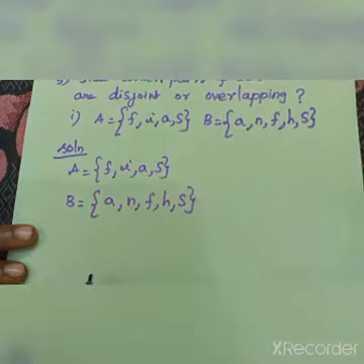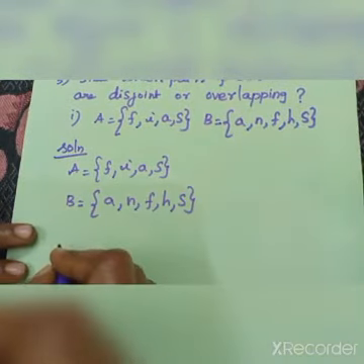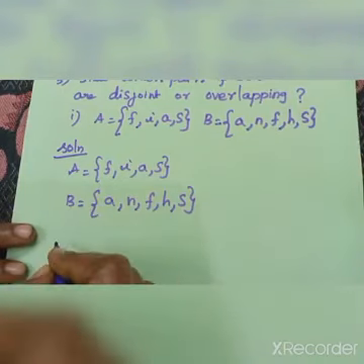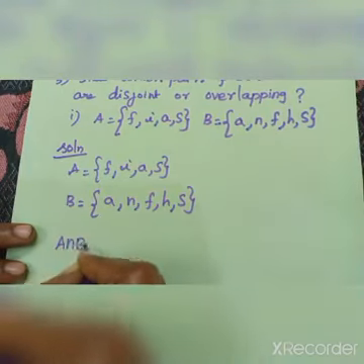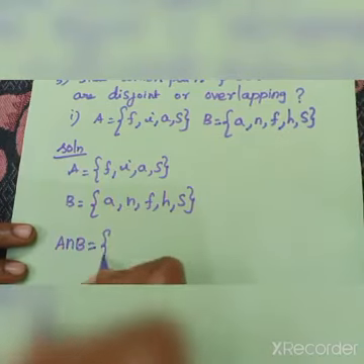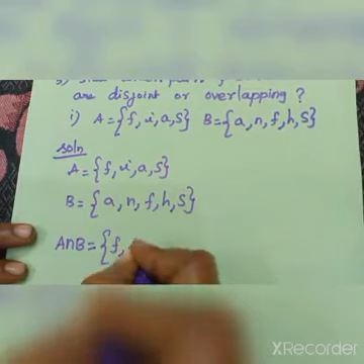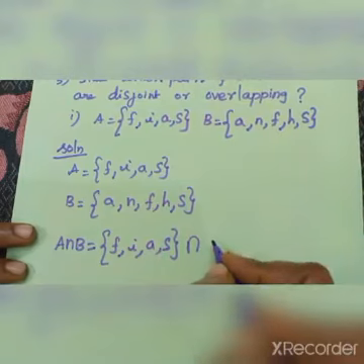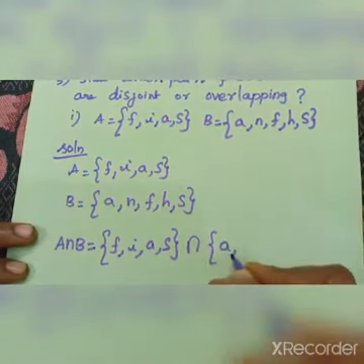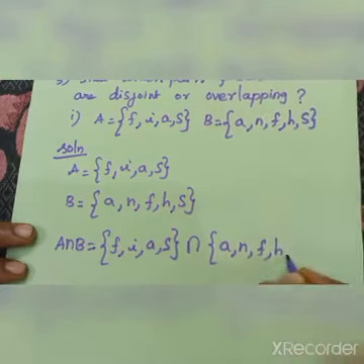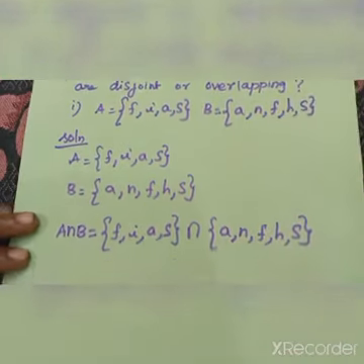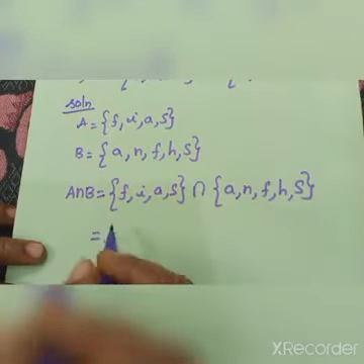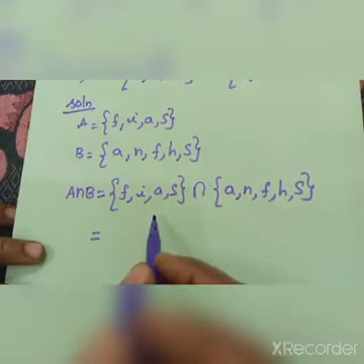To find that, what do we have to find out first of all? The intersection part. A intersection B: the A set is {F, I, A, S} and the B set is {A, N, F, H, S}. After that, we have to compare the elements and check whether any common elements are there. Is there any common element in both the sets?